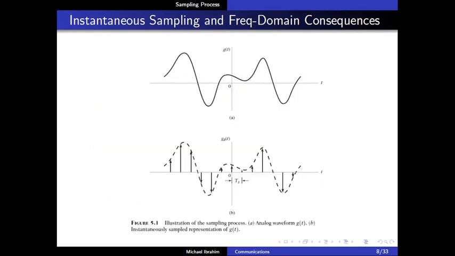This figure basically illustrates the idea of sampling. If you have g(t), a continuous time signal, and we want to sample this signal, it is as if we are multiplying this g(t) with a train of impulses. So let's see this function here.